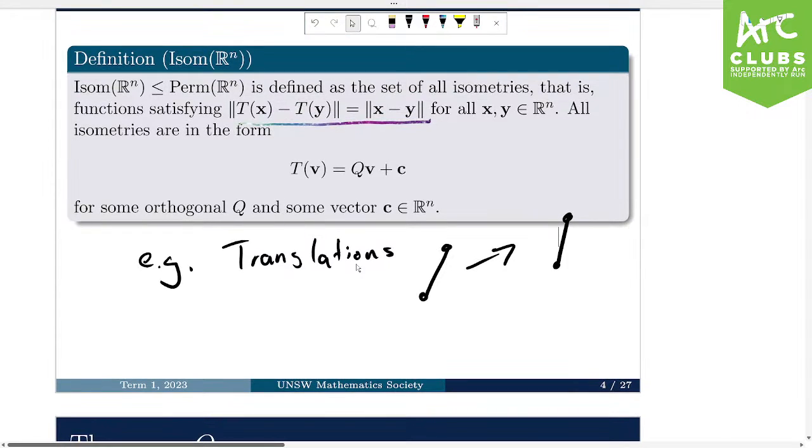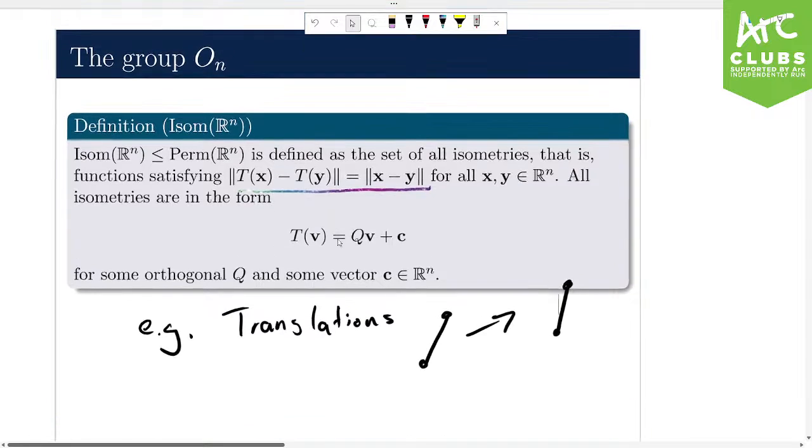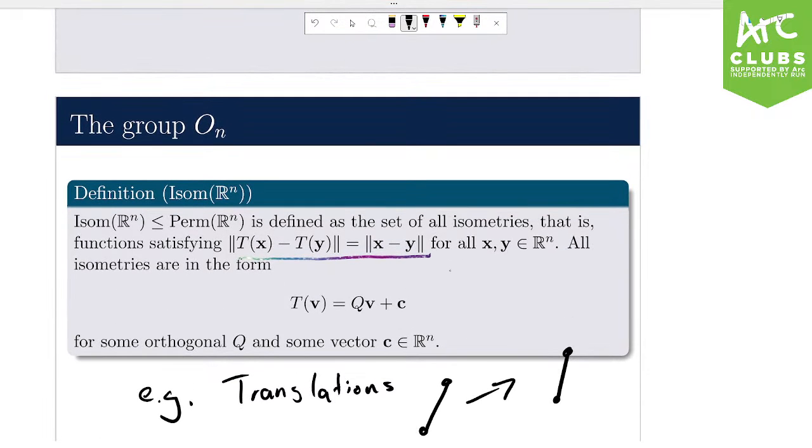You can also have reflections and rotations and many more. So a fun fact is that they take this form: multiplication by some orthogonal matrix, and then you add a constant vector onto it.